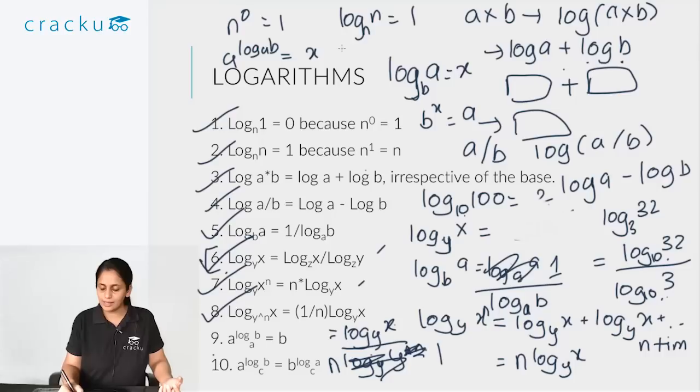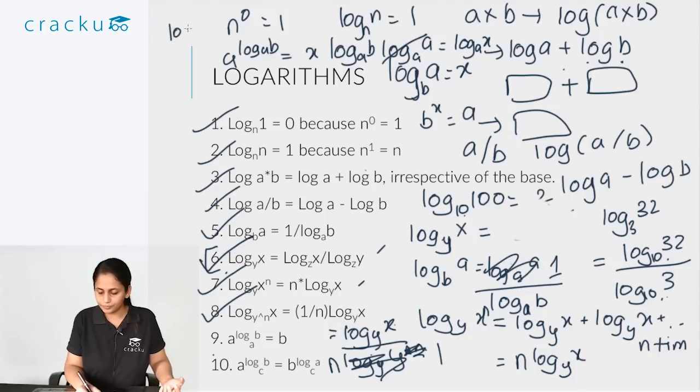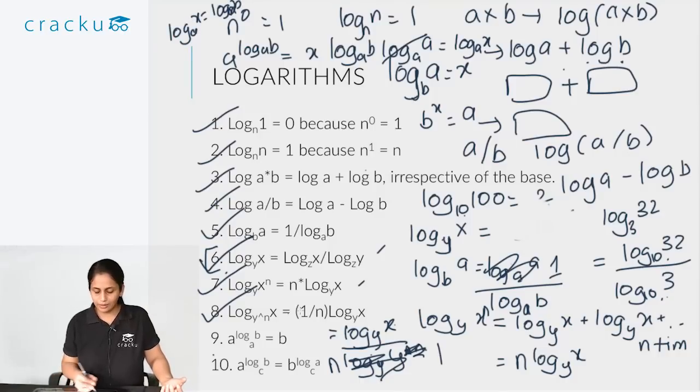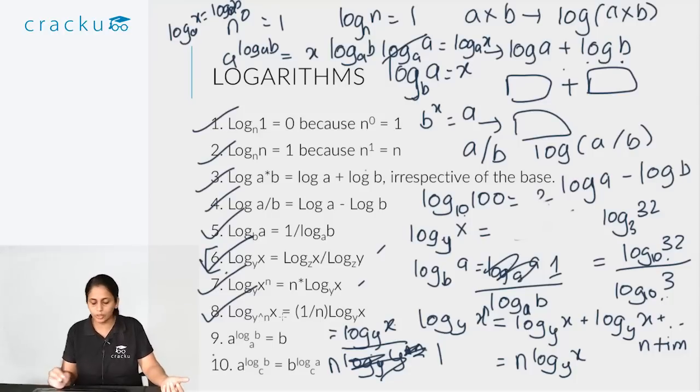What I get is log of b to the base a times log to the base a of a is equal to log of x to the base a. So this is 1 essentially. So I have log of x to the base a is equal to log of b to the base a. So b must be equal to x. So essentially a raised to log of b to the base a is equal to b.